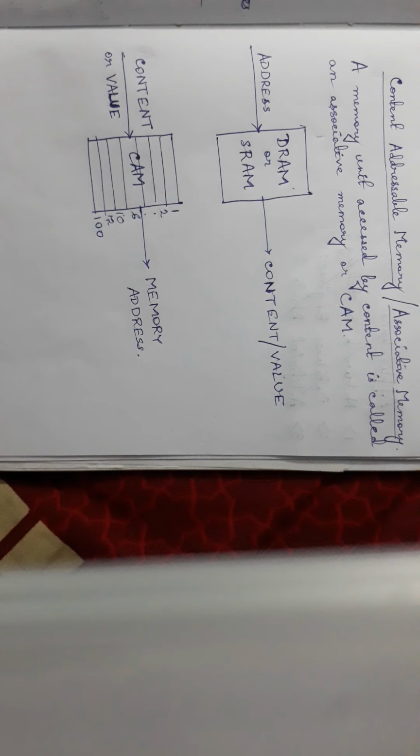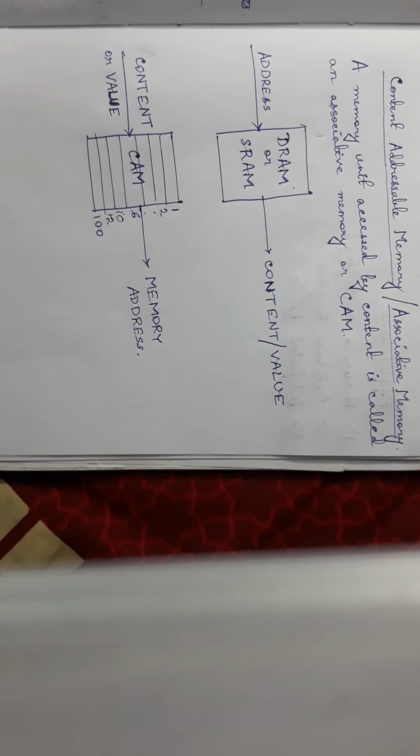So this is the basic use or basic working principle of a CAM. Now, what is the difference between a CAM and a RAM? You know that in case of RAM or ROM, first the address is sent from the CPU to the ROM or RAM, and the content stored at that corresponding address is retrieved.